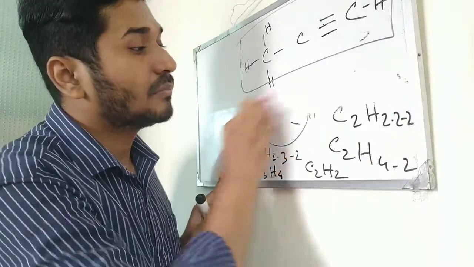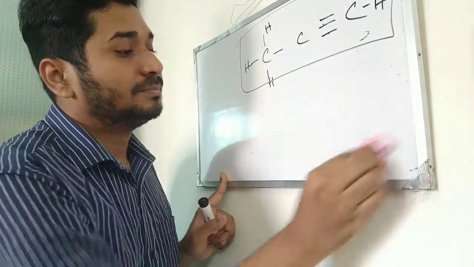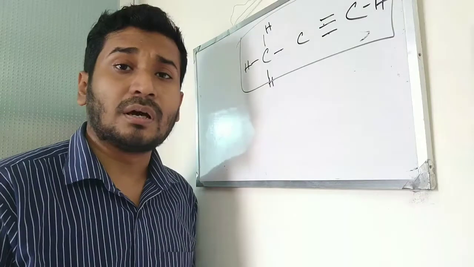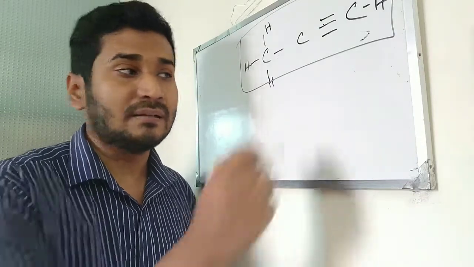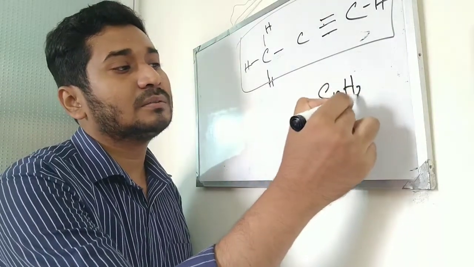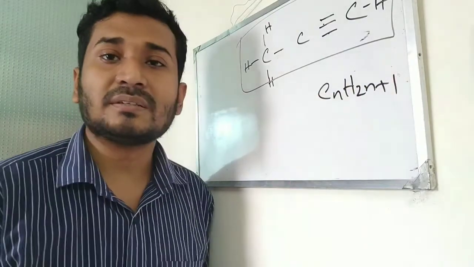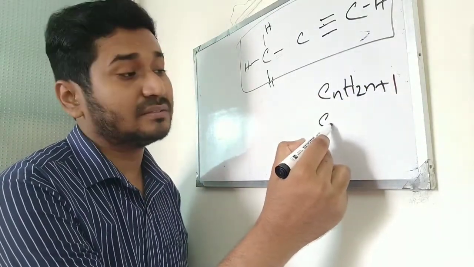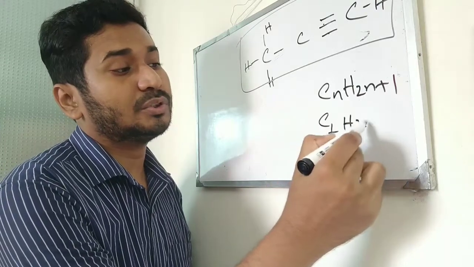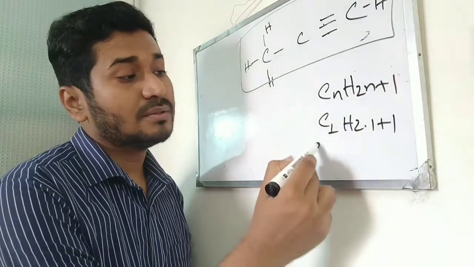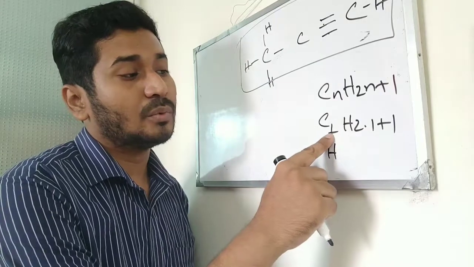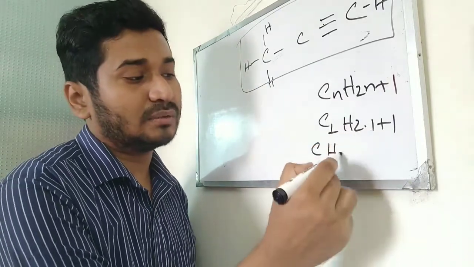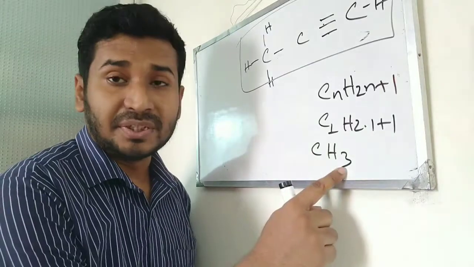Then there is an important radical which is called alkyl, CnH2n+1. If you take the value of n as 1, 2×1+1, that means CH3.